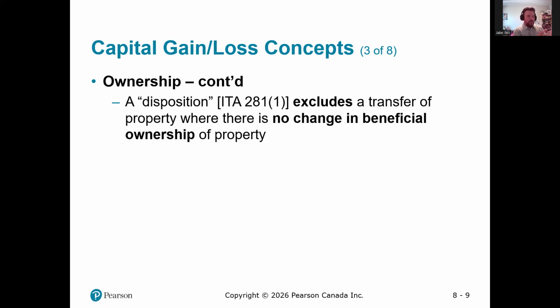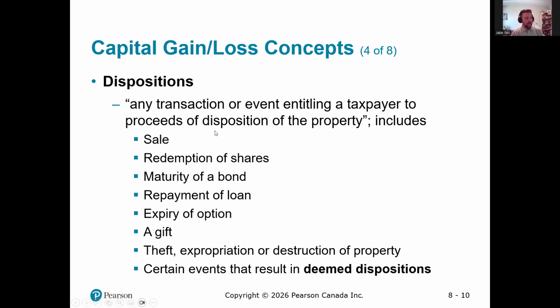If I move an asset from my manufacturing to my distribution center, this building, the owner hasn't really changed. Despite its change in use, the beneficial ownership of the property has not changed, so we don't need to consider disposition. We do consider dispositions anytime there's a transaction that changes the entitlement to a different person.